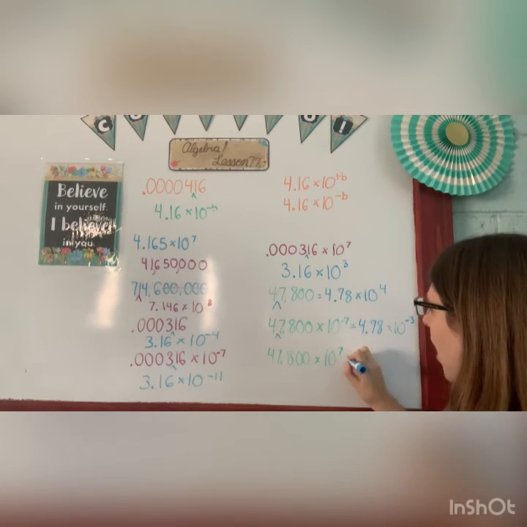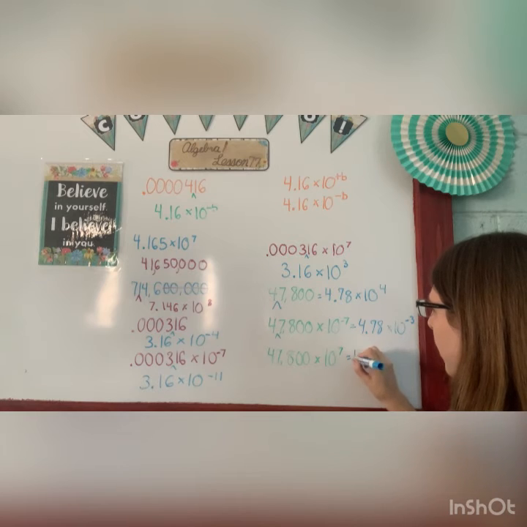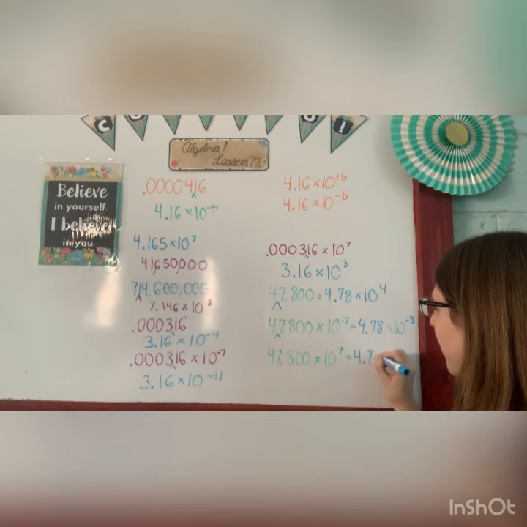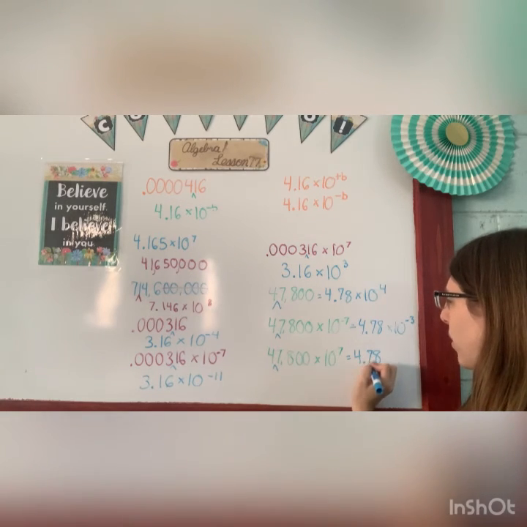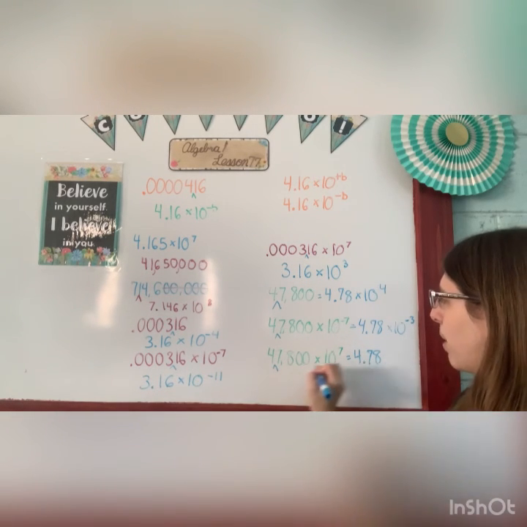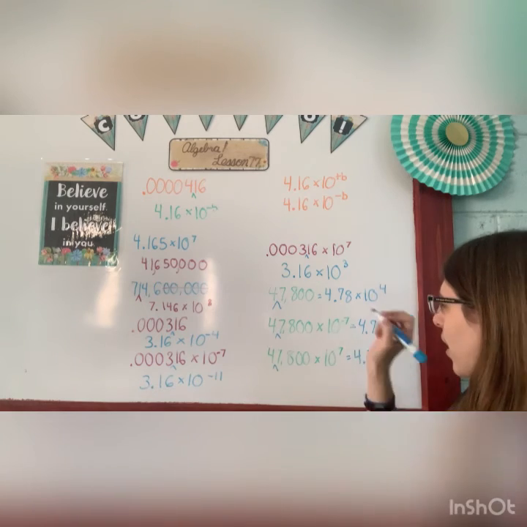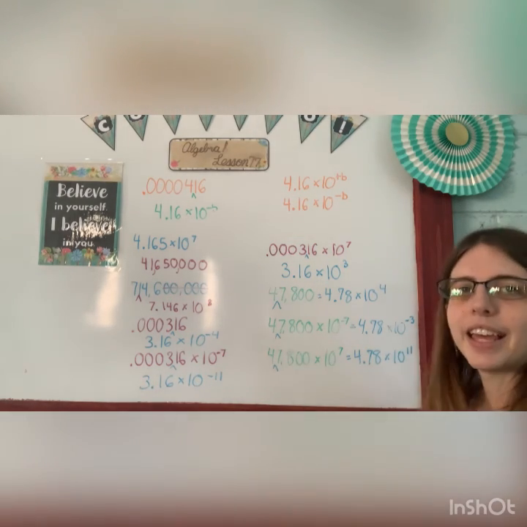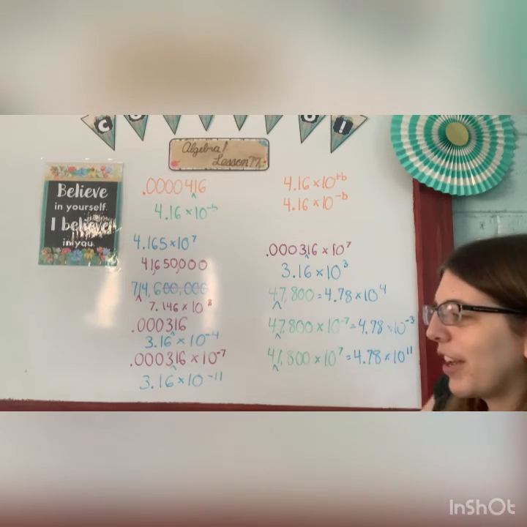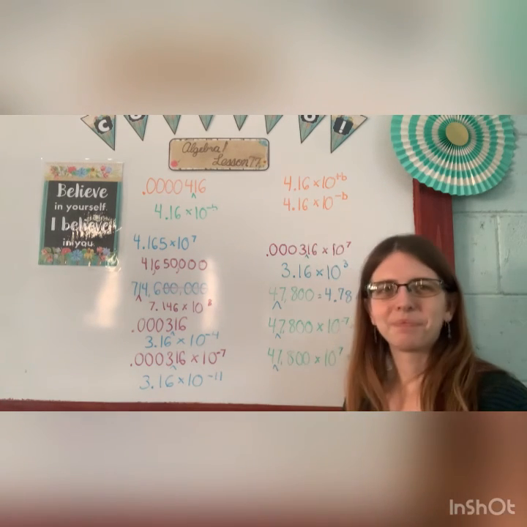Okay, here I have a positive 7. So it becomes 4.78, because I moved my decimal point right here. My real decimal point belongs 4 places to the right. So positive 4 plus the positive 7 I already have is times 10 to the positive 11. All right, pause your video and try your practice.